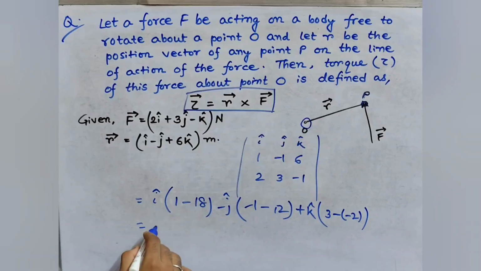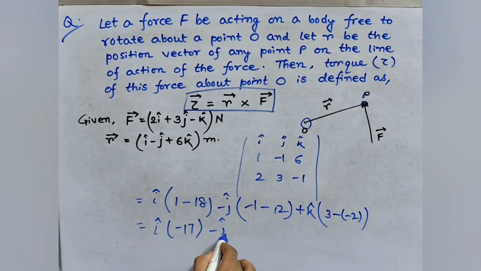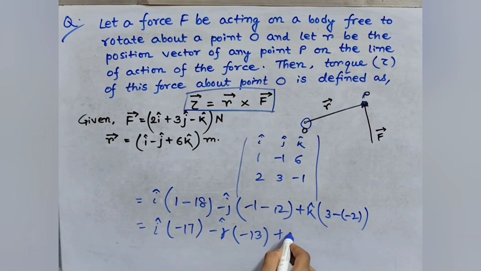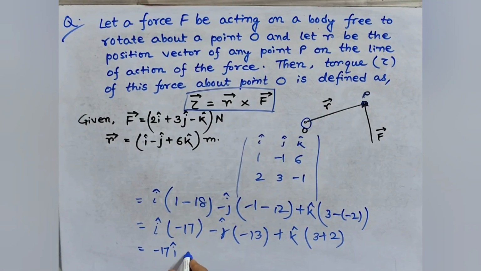Okay, so it will be i, minus 17, minus j, minus 13, plus k cap, 3 plus 2. So it will be minus 17 i cap, and this will be minus minus plus, so 13 j cap, and plus 5 k cap.